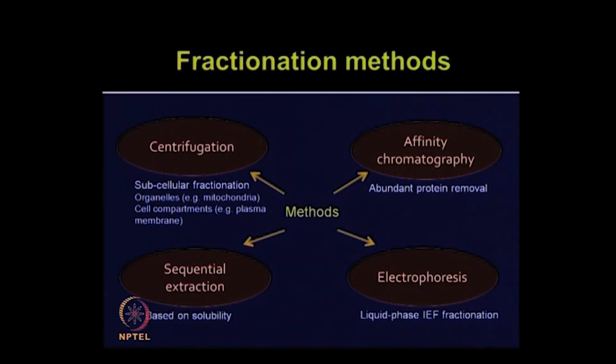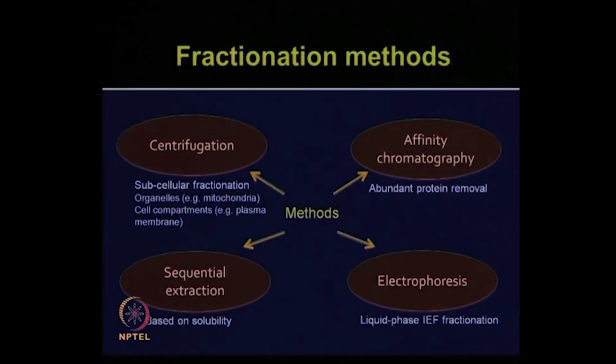If you are interested in looking at all the serum proteins, but certain proteins, such as serum albumin, are highly abundant, then by using affinity chromatography one can remove those highly abundant proteins, so that all the proteins in that mixture can be well resolved.